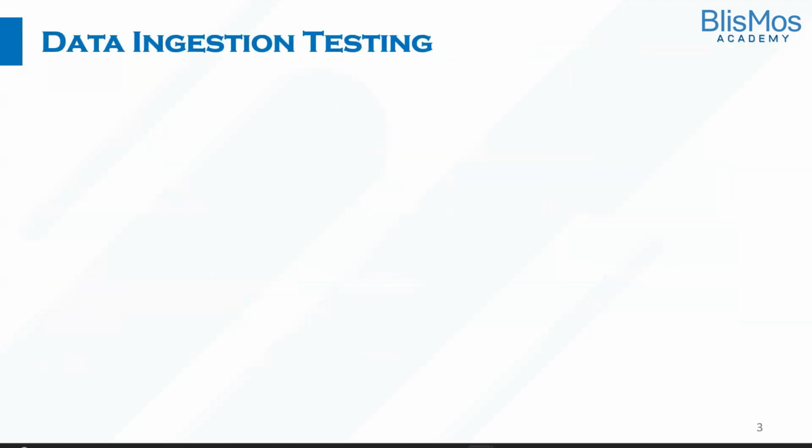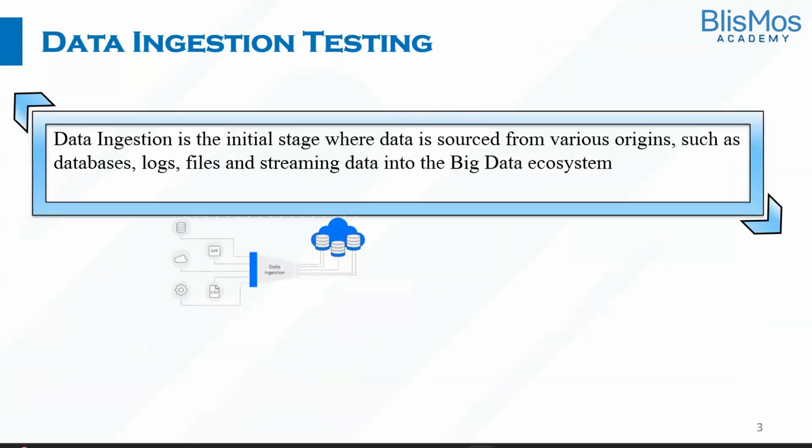You may be wondering, why is it so important to have data ingestion testing? We'll discover that as a part of this video. When we say data ingestion, data ingestion is the first or initial stage where the data is sourced from various sources.